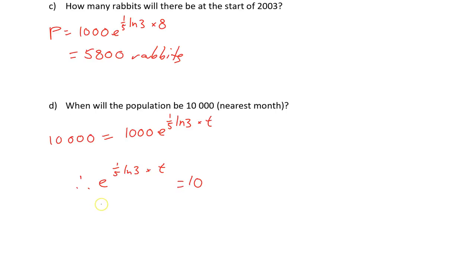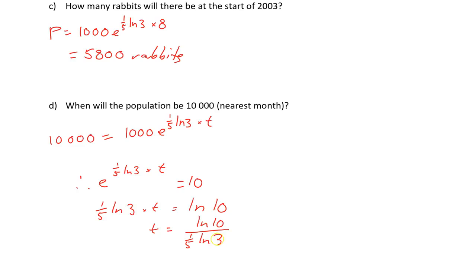Take the log of both sides, that means that 1/5 log of 3 times t equals the natural log of 10. That means that t is equal to the natural log of 10 over 1/5 of the log of 3.